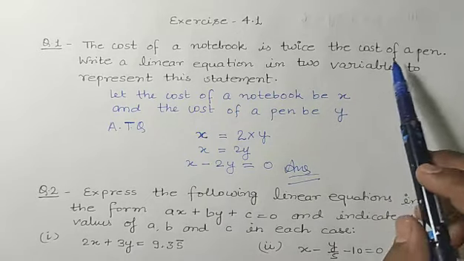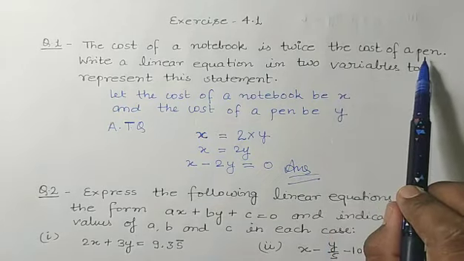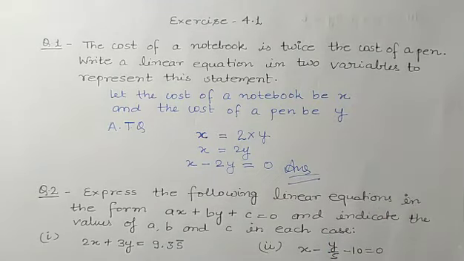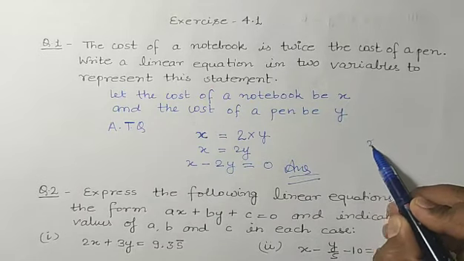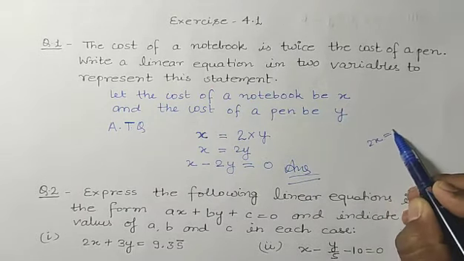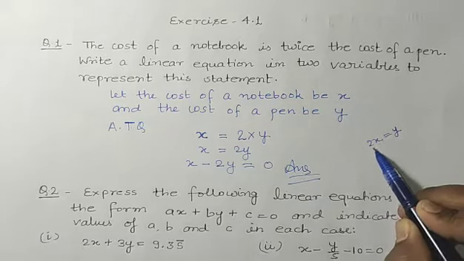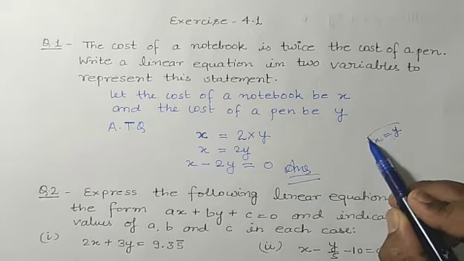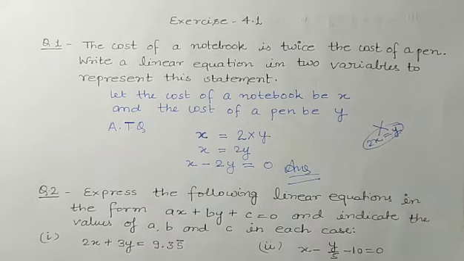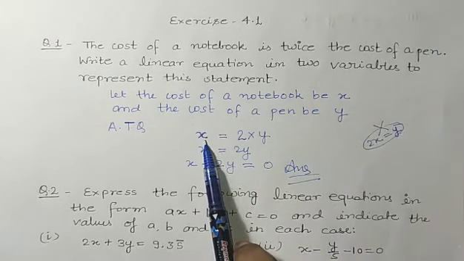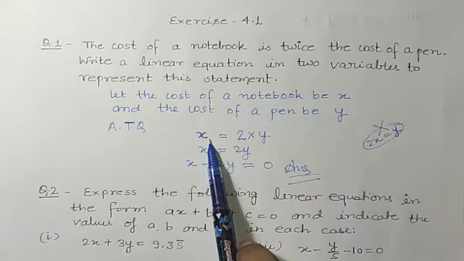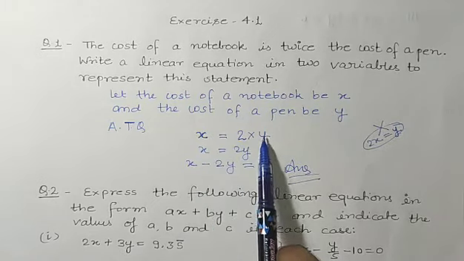Most of the students make a mistake: they write the cost of the notebook is twice of the pen in the wrong way. But this is totally wrong, students, because here it is clearly given that the cost of the notebook is twice the cost of the pen.